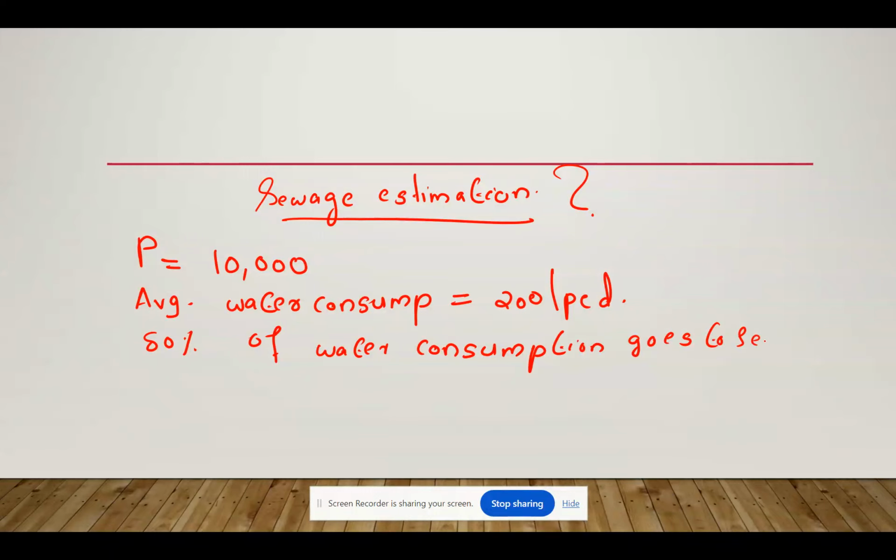What happens to the remaining 20 percentage of water? Can anyone tell me? So here they have considered 80. Yeah, the drinking we are utilizing, and also some loss happens due to evaporation, as we have discussed, and some other loss also happens, right?